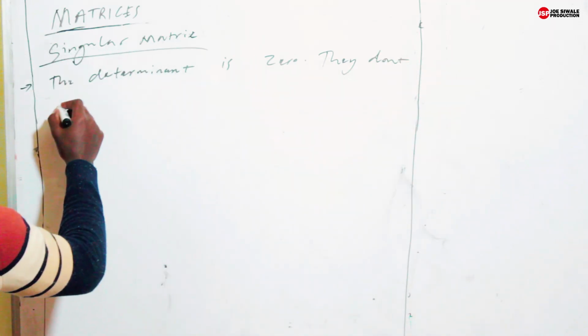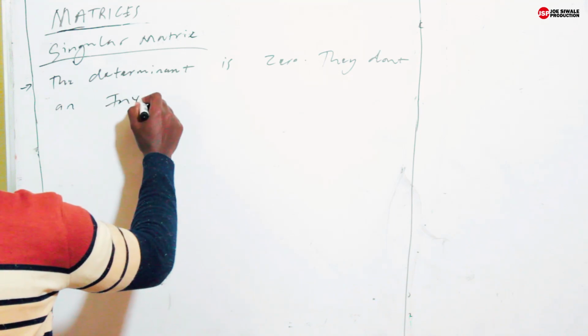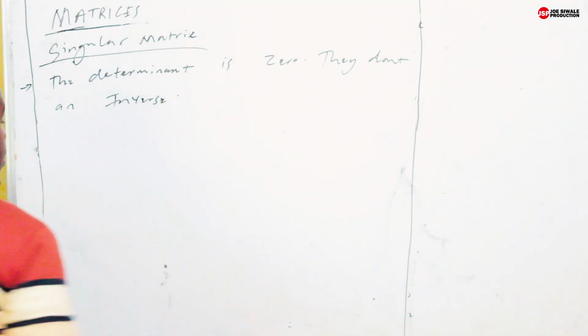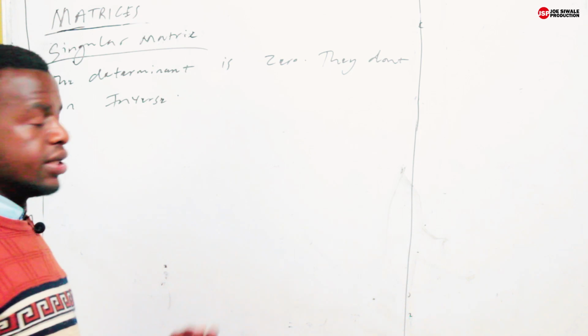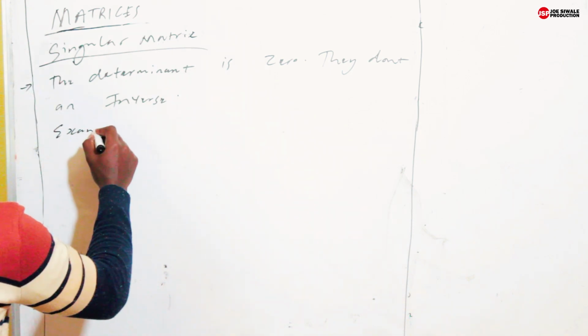They don't have an inverse. And we're going to look at these examples. So we have our first example there.